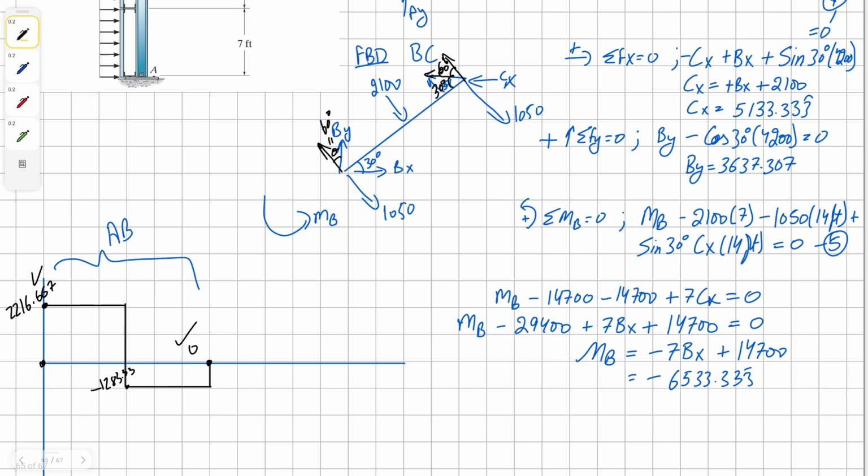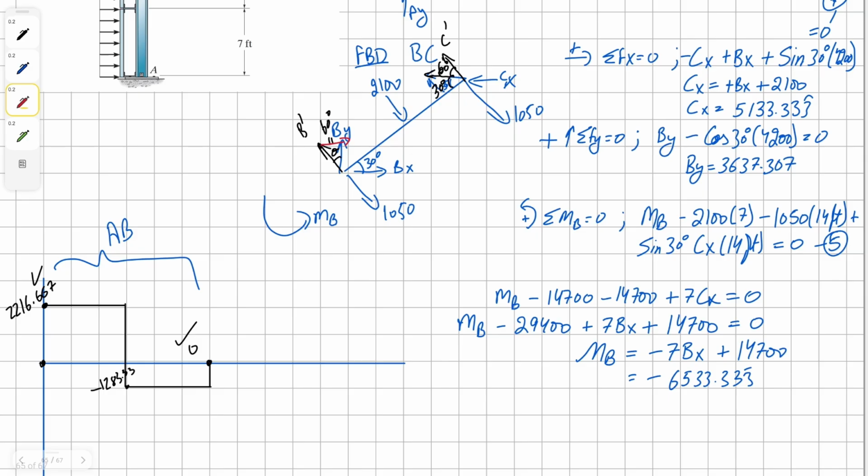Now to convert our load to this B prime and C prime, we simply have to convert our vectors into point loads.